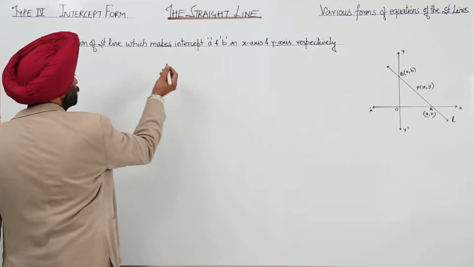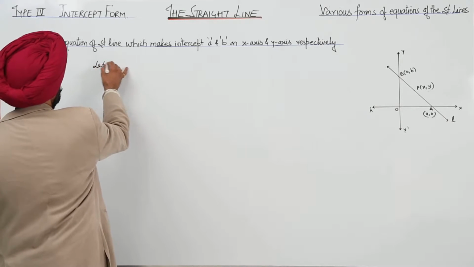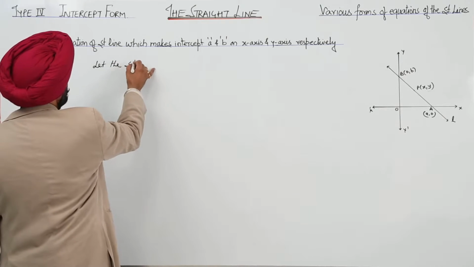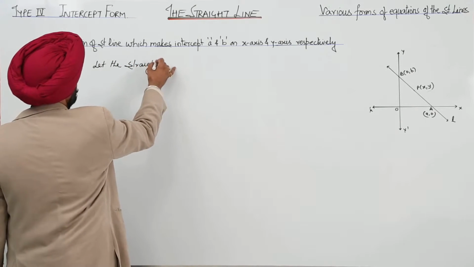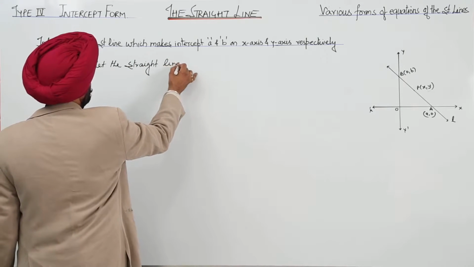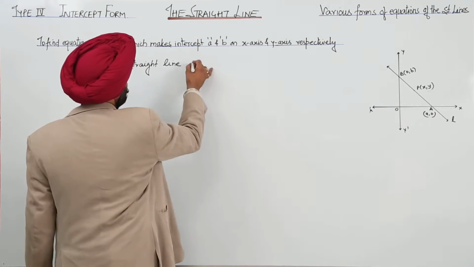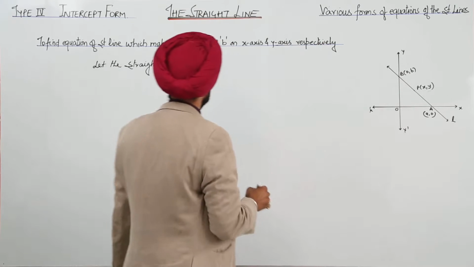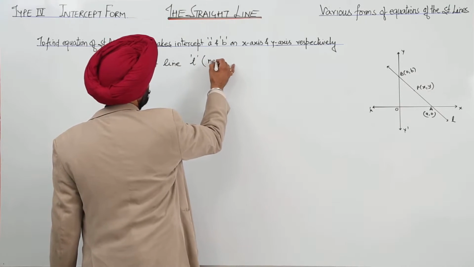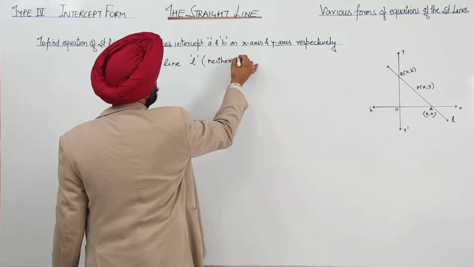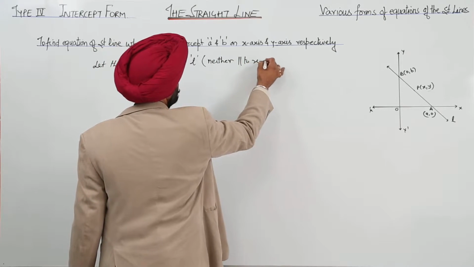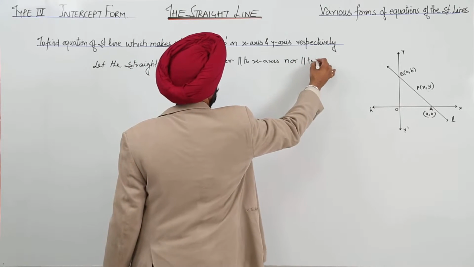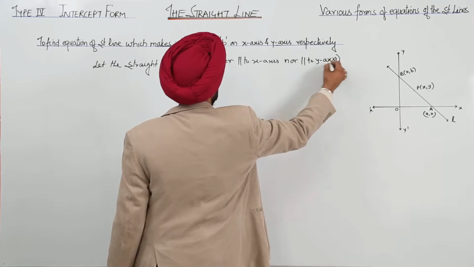Now according to the figure, let the straight line be L, I have mentioned it here as L. Now the condition is that it is neither parallel to the x axis nor parallel to the y axis, meaning then only it can cut the intercepts.